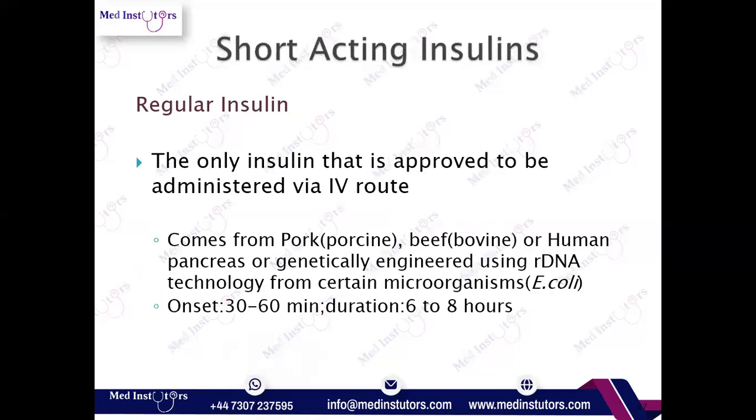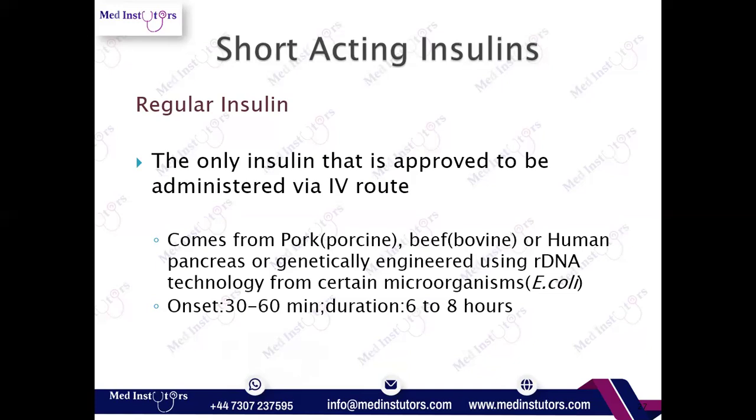Now our regular insulin, that is a short-acting insulin, is the only insulin that is approved to be administered via the intravenous route. We may use some insulin analogs also off label, but this one is the approved one. It comes from the porcine or pork and beef or bovine or human pancreas, or is genetically engineered using recombinant DNA technology from certain microorganisms. The first one was E. coli.